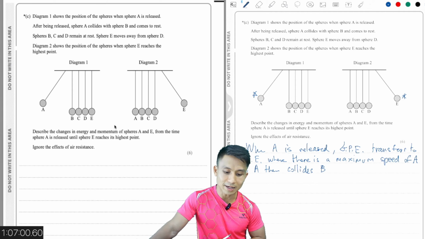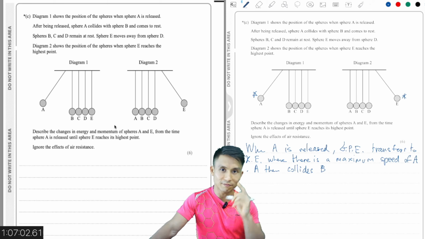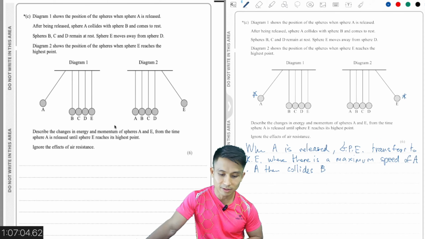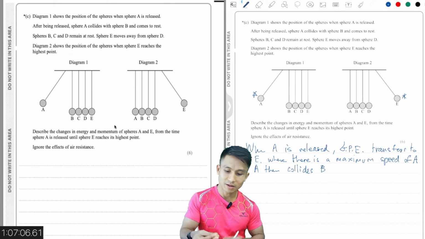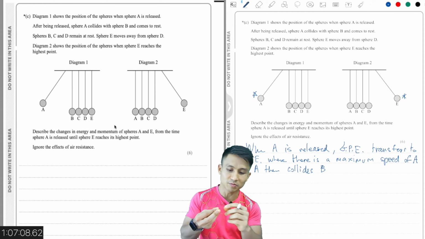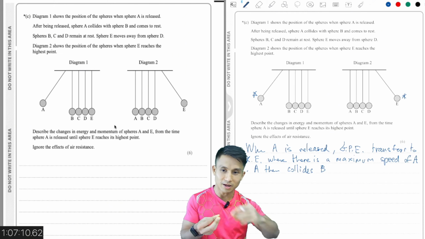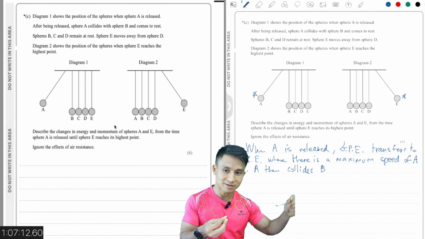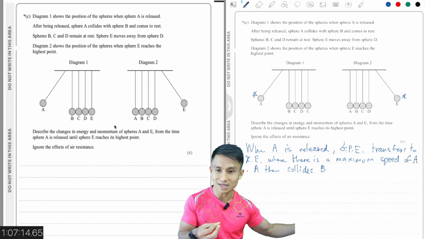And when A collides with B, we have momentum to conserve. So when A collides with B, it's going to transfer the momentum all the way from A to B, from B to C, C to D, and D to E, okay?